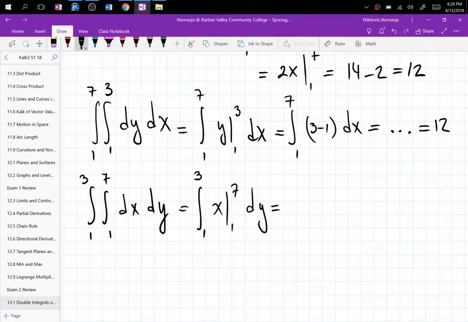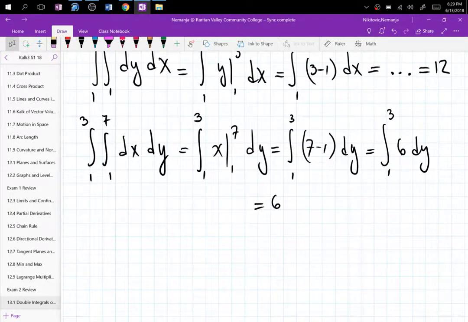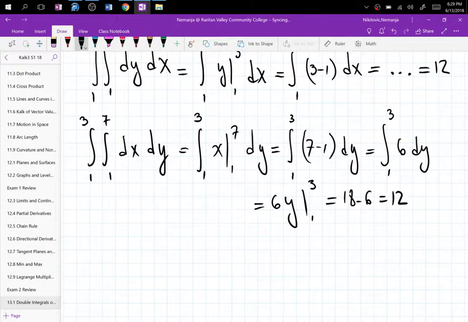Still dy to do. Integral 1 to 3 of 7 minus 1 dy. So now you have to compute integral 1 to 3 of 6 dy, which is 6y computed from 1 to 3, which is 18 minus 6, which is 12.